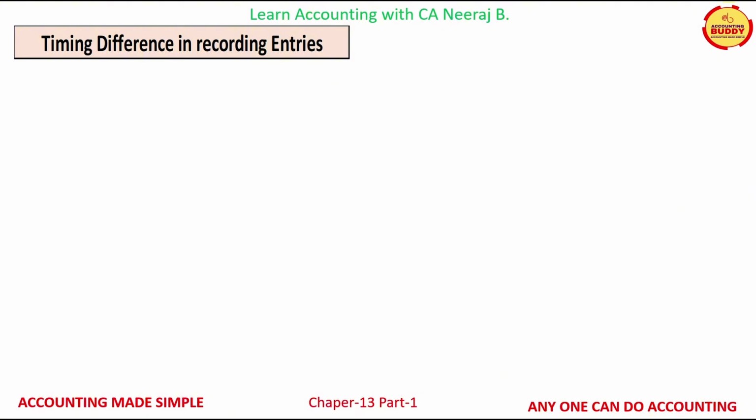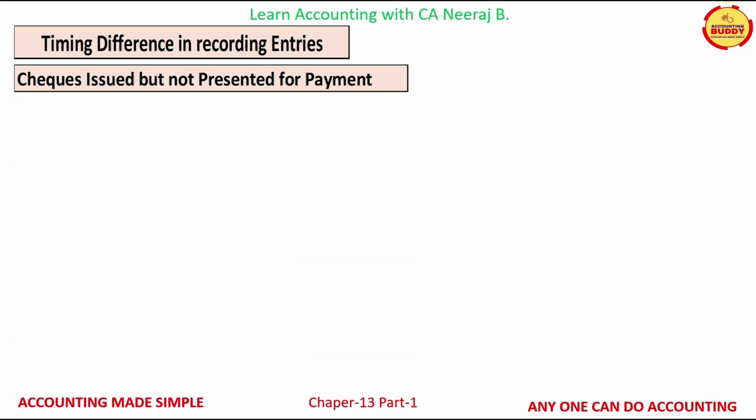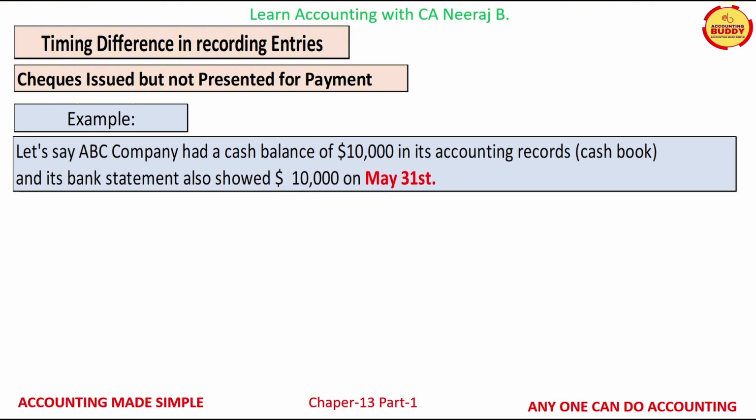Let us now understand the reasons for difference in detail. In this slide, we will explain the most common reason of difference, that is the checks issued but not presented for payment, with an example. Let us say ABC company had a cash balance of $10,000 in its accounting records, that is the cash book, and its bank statement also showed a balance of $10,000 as on May 31st.